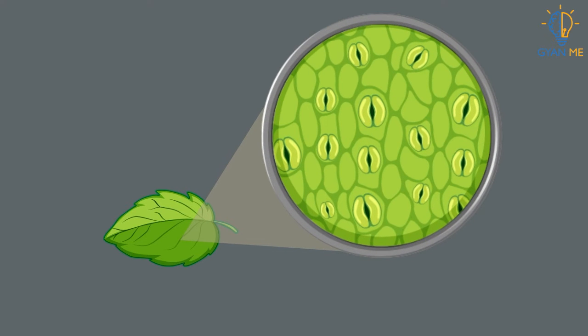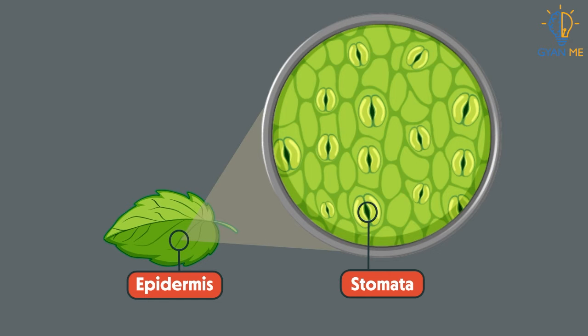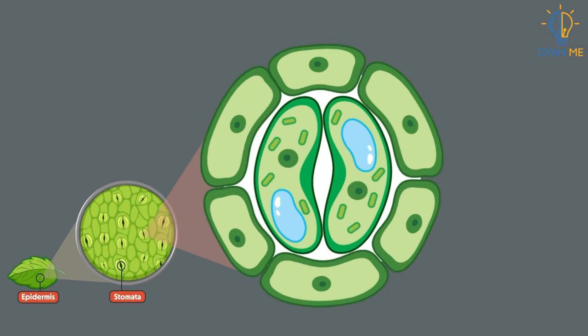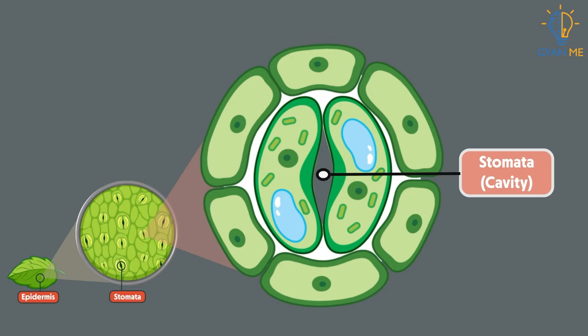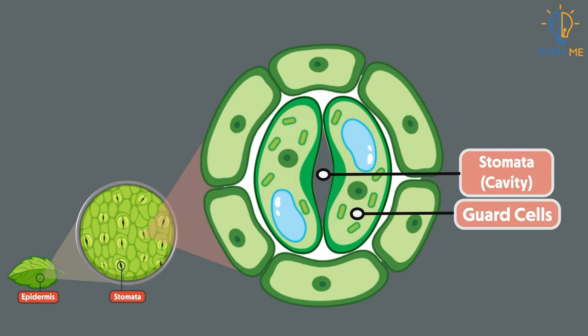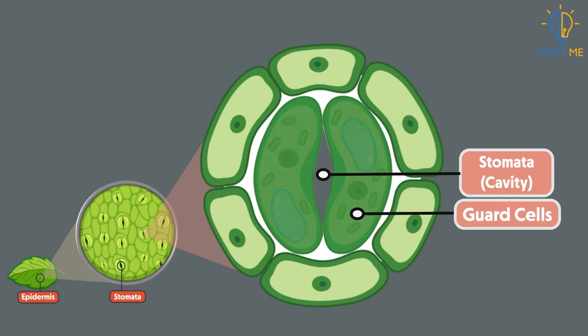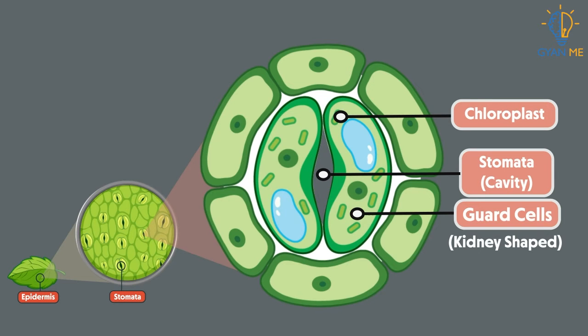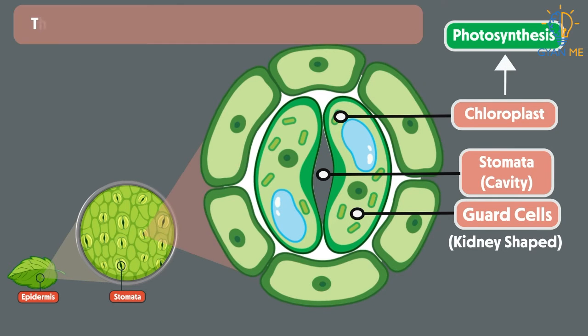Now, students, these stomata are small openings that are present on the leaf epidermal cells. If we observe them under a light microscope, each stoma is a cavity surrounded by two guard cells. The guard cells are kidney-shaped and contain chloroplast. Note, students, they contain chloroplast. That is, they can perform photosynthesis on their own.